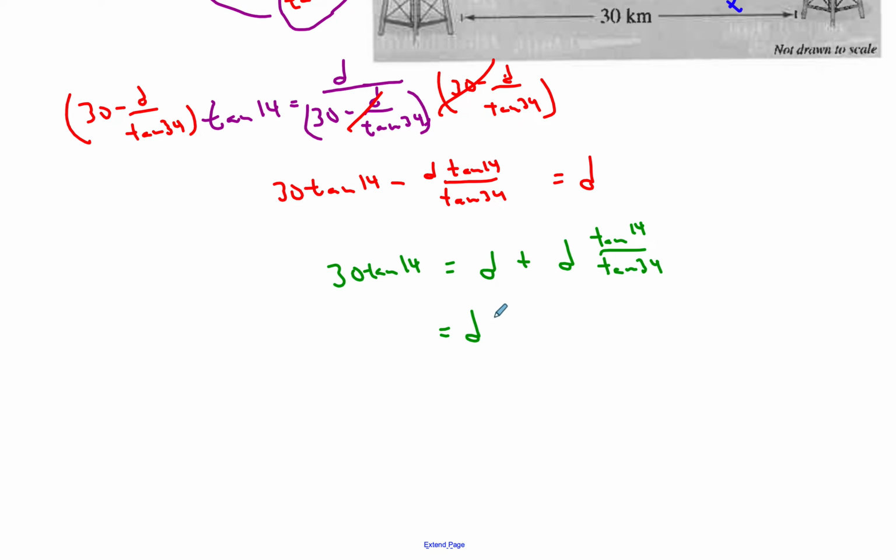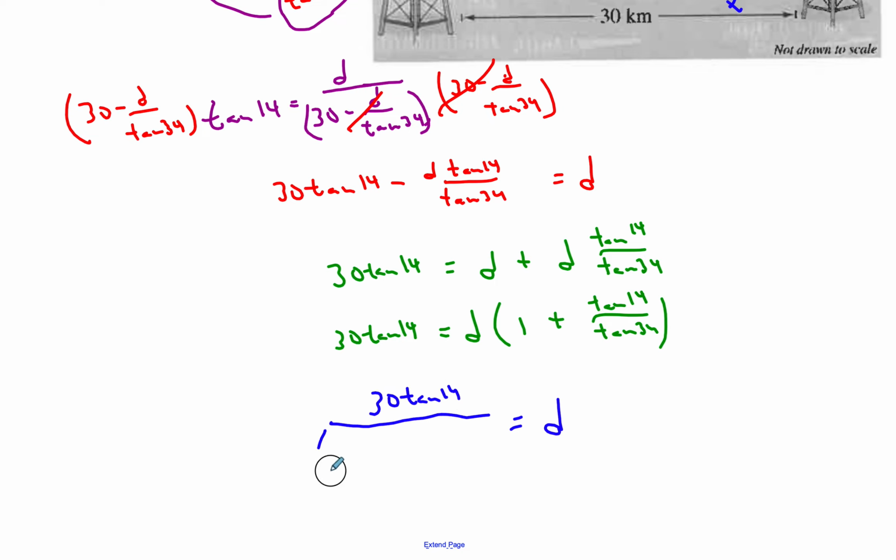Now on this side I can factor out a D. It has a common factor, so it'll be 1 plus tangent 14 over tangent 34 is still equal to 30 tangent 14. And then I'm going to divide both sides by this whole mess, which will then mean that D will be by itself. And because I'm dividing, it'll be 30 tangent 14 in the numerator, and 1 plus tangent 14 over tangent 34 in the denominator.